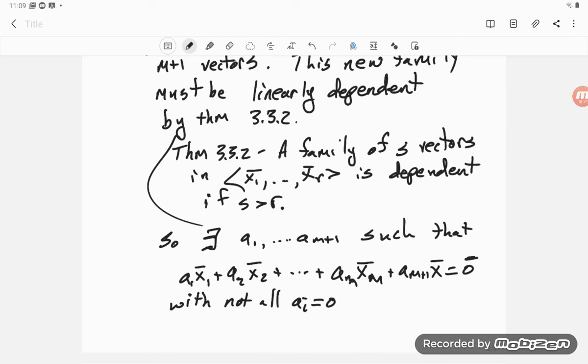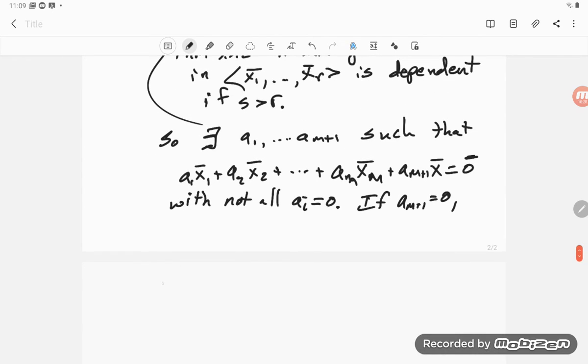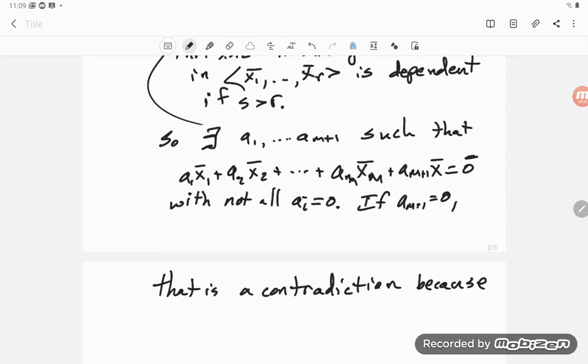And they say, well, if a sub m plus 1 equals 0, that is a contradiction. The reason that would be a contradiction is because the rest of these would have to equal 0.